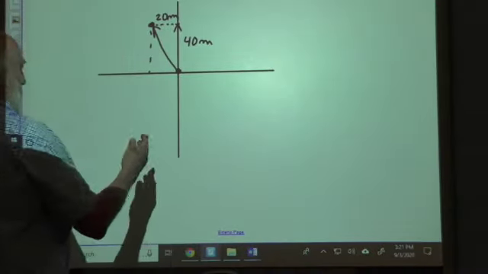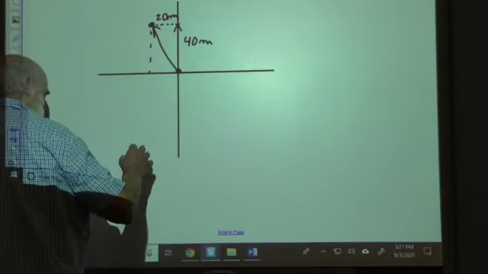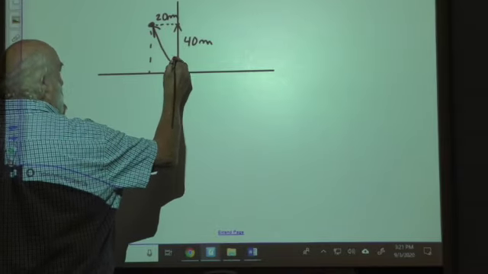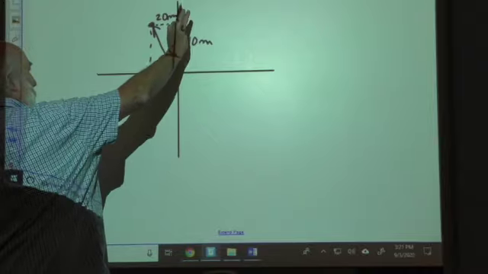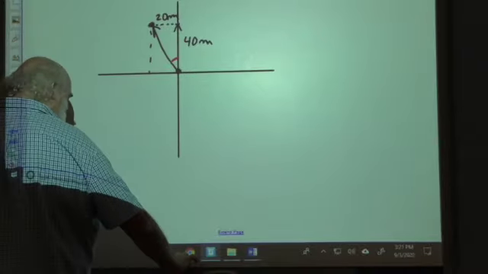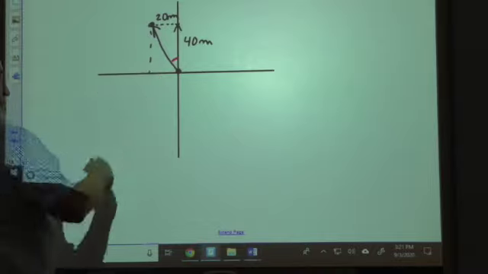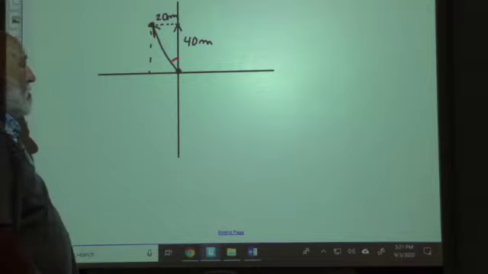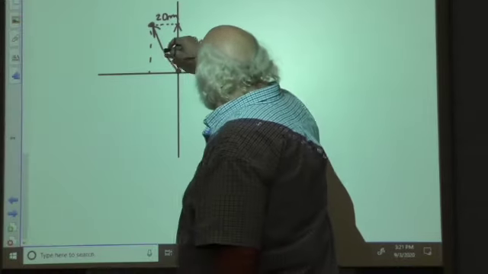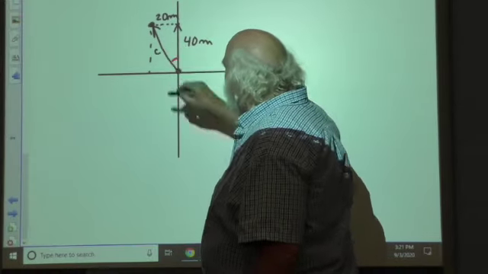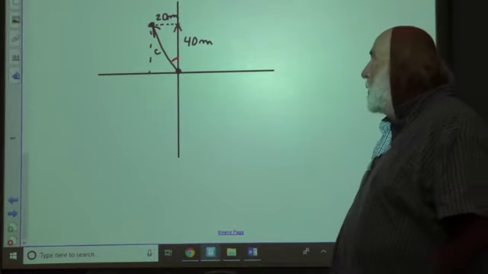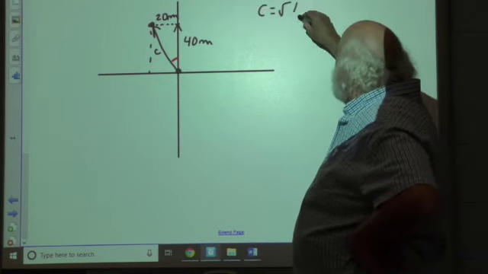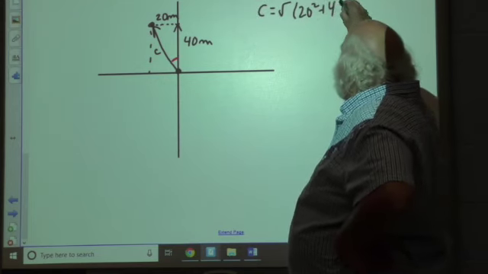Now, if you take a look at this, you can notice that this angle right here is closer to the north direction than it is to the east direction. So when we get down to the displacement, that's the one we're going to pick on to solve. But the displacement, which is this distance right here, which I'll call C for the Pythagorean Theorem, is going to be C equals the square root of 20 squared plus 40 squared.